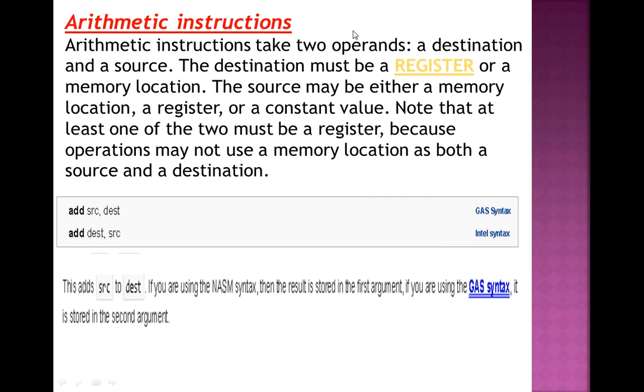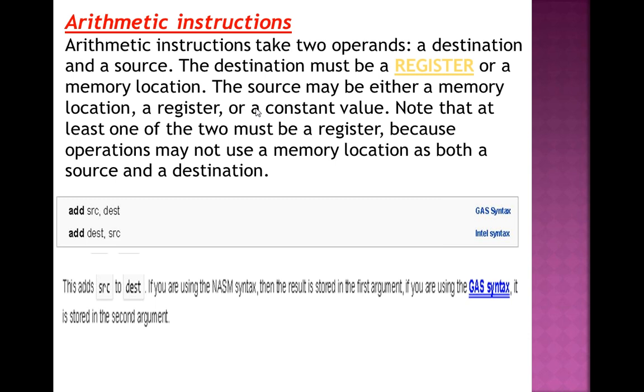The destination must be a register or a memory location. The source may be either a memory location, a register, or a constant value. So the source may be anything, but the condition is that the destination must be a register or memory location, not a constant value.